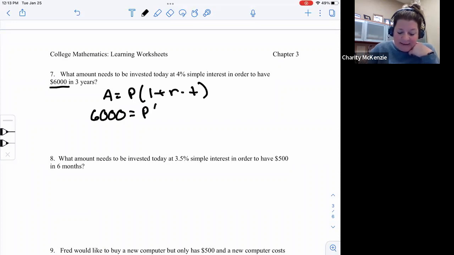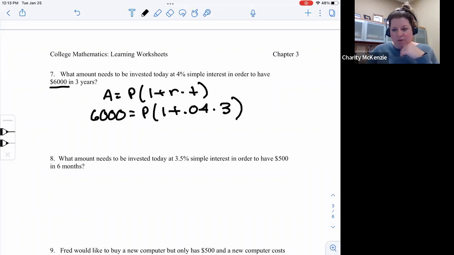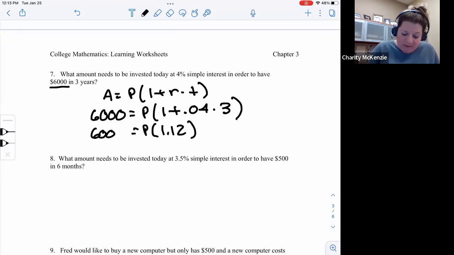We don't know P, but 1 plus our rate, which is 4%, and we have 3 full years. So here's our formula. We can combine everything in that parenthesis and then divide it over to 6,000. So 1 plus 0.04 times 3 is 1.12. So P times 1.12 equals 6,000. To solve for P, this is a times, right?